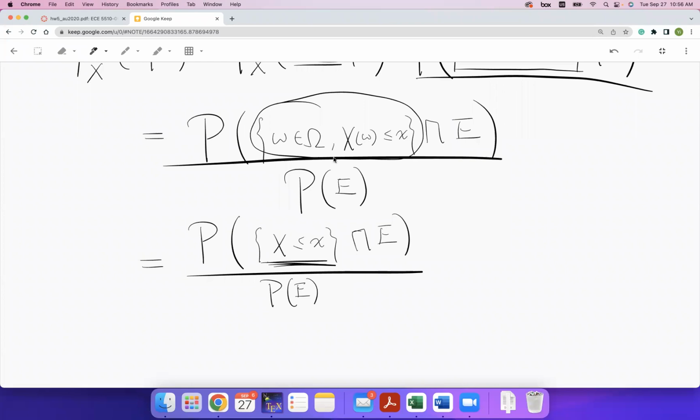We usually write it in this way, the random variable less than or equal to x, but always remind yourself of the precise meaning of this event, going back to the original probability space.